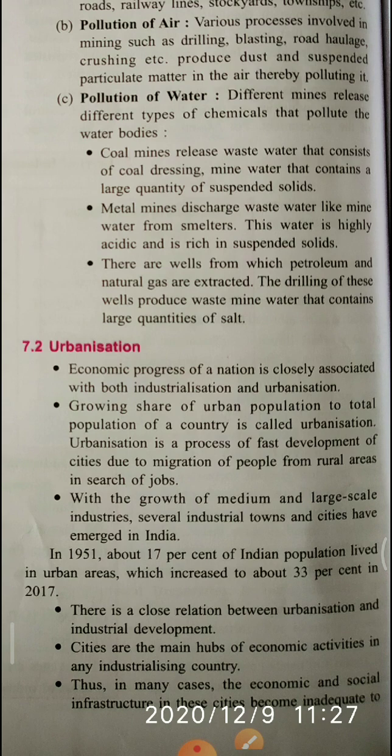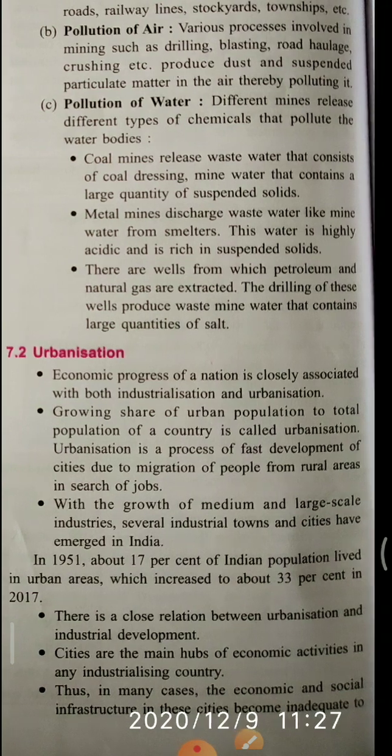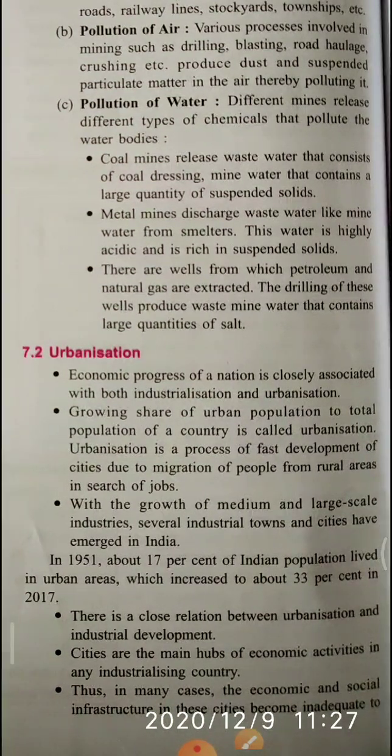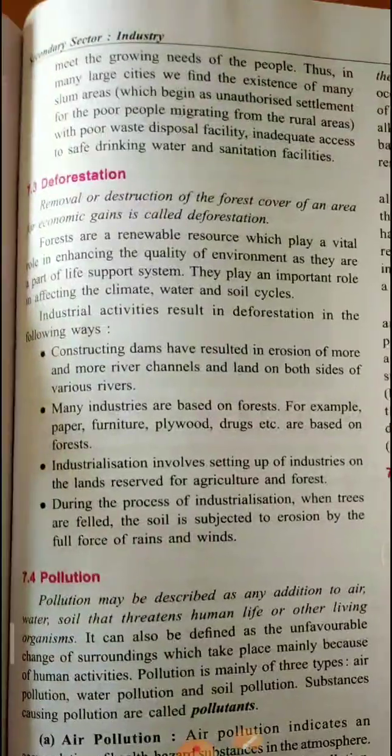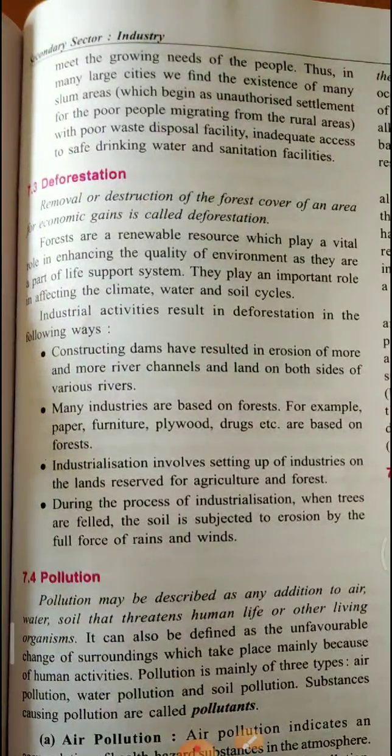There is a close relation between urbanization and industrial development. Cities are the main hubs of economic activities in any industrial country. Thus, in many cases, the economic and social infrastructure in these cities becomes inadequate to meet the growing needs of people.